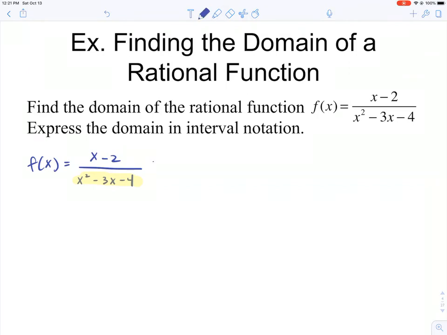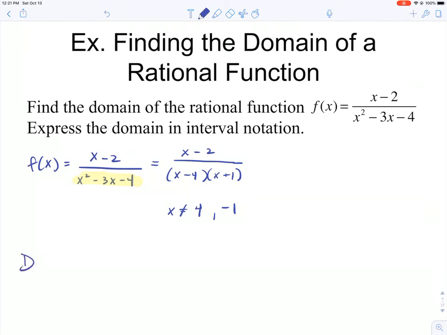So the easiest way to determine those values that we're going to need to exclude from the domain is going to be to factor the denominator. So the denominator, it looks like we'll factor to x minus 4, x plus 1. So we can see that x cannot be equal to positive 4 or negative 1.